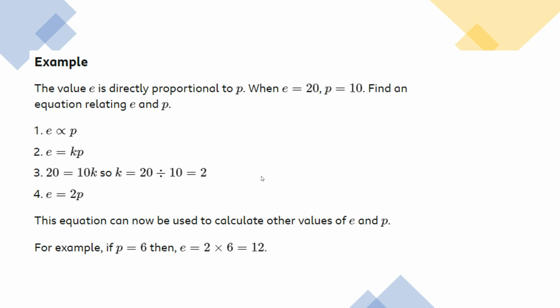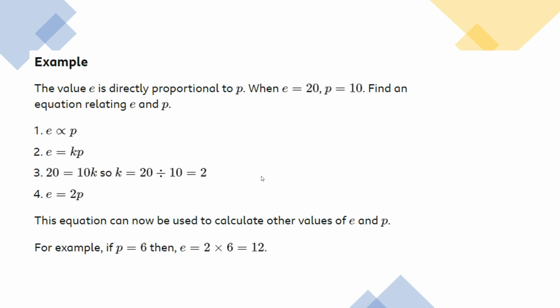Now you need to find an equation which only has E and P. Remember, it cannot have any other variable. So since in step 2 you got E equals KP, and in step 3 you got K equals 2, just replace K with 2.